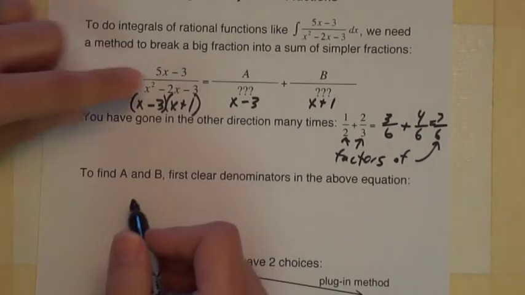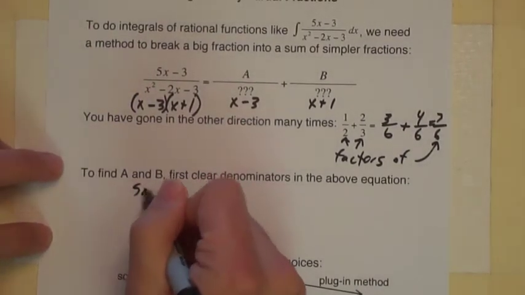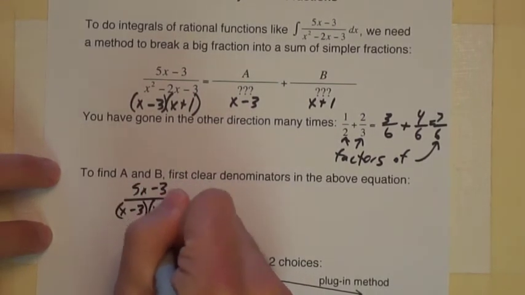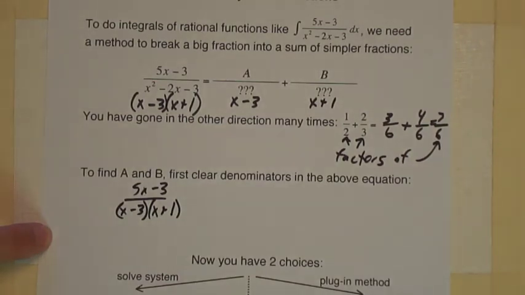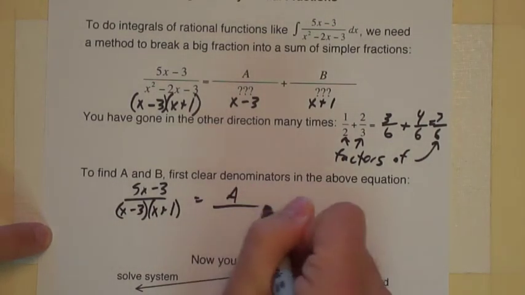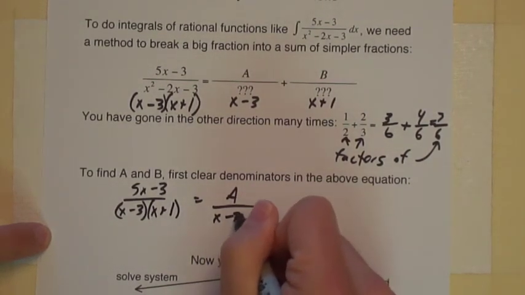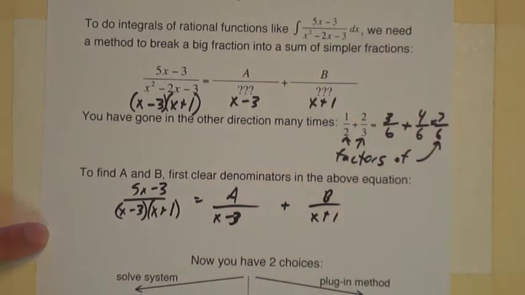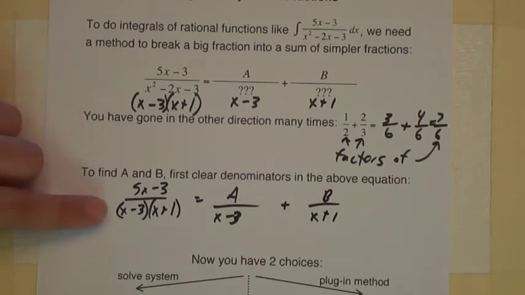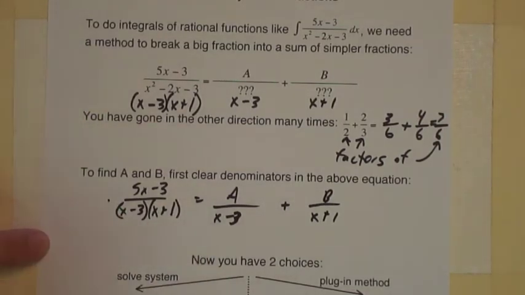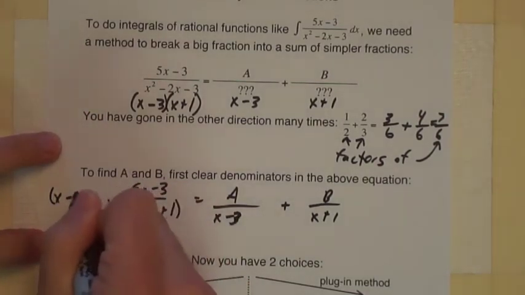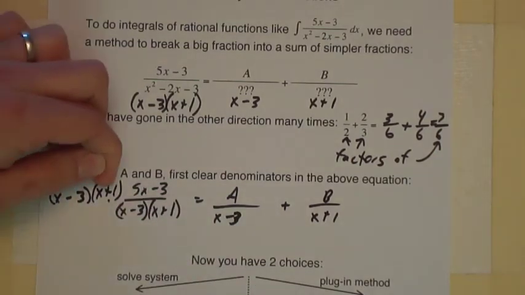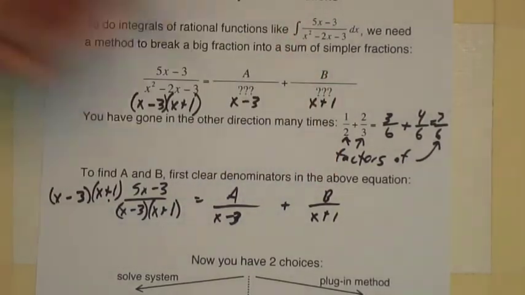So we take this equation, 5x minus 3 over x minus 3 times x plus 1 equals a over x minus 3 plus b over x plus 1. And we clear out the denominators. So multiply both sides by this big denominator, x minus 3 times x plus 1, and multiply each of the terms by that.